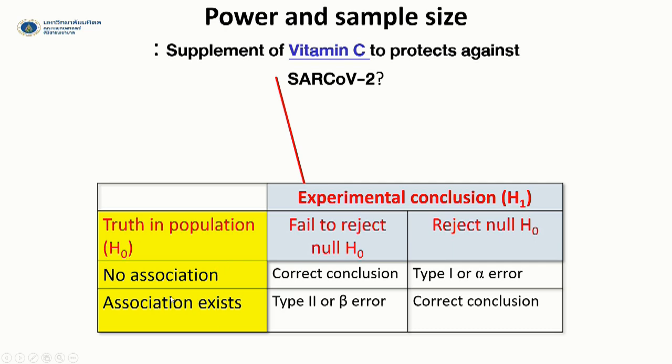Then you probably want to reject the null hypothesis, meaning the result exists. This is the correct conclusion. But if it falls into fail to reject the null hypothesis, meaning no difference, then it falls into type 2 or beta error. So I would like you to take some time to review this slide because it probably takes some time to understand. And once you understand, you can create a better research design.